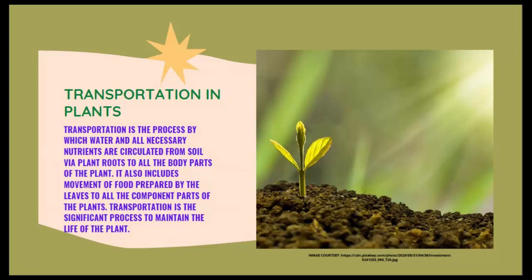You know, transportation is one of the significant and vital processes for the survival of the plant. Without the proper transportation process, plants cannot utilize their nutrients for growth, and they will not be able to carry out their life processes, right?